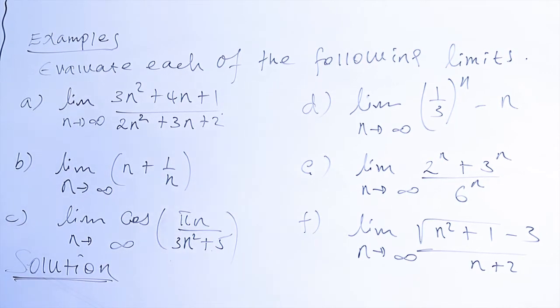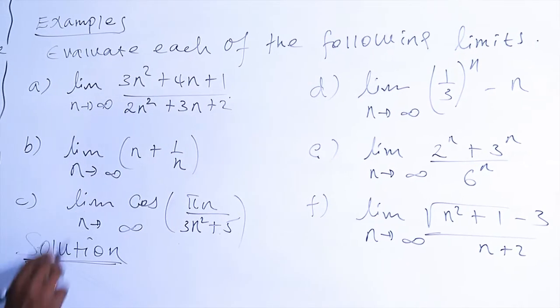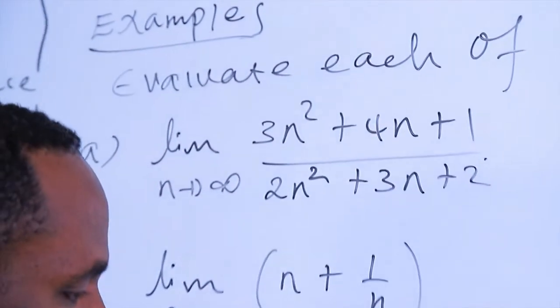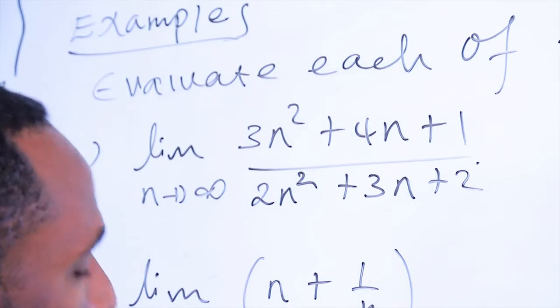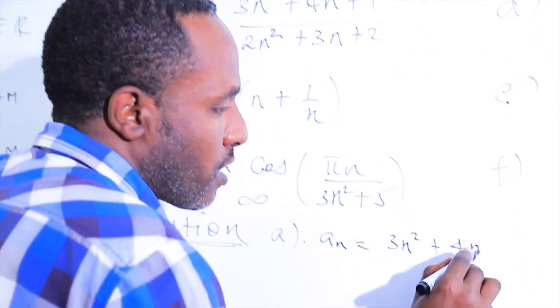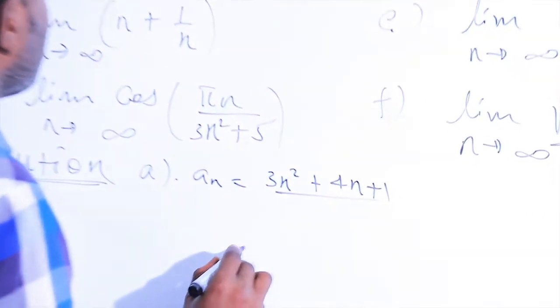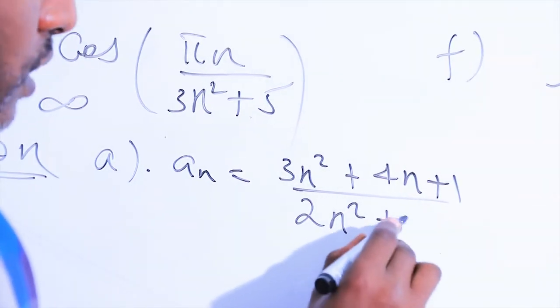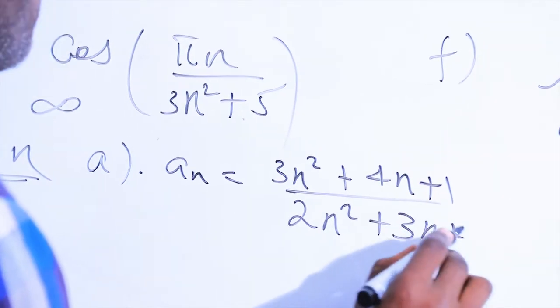the first part is the sequence given in A. The sequence is simply a_n equals 3n squared plus 4n plus 1 over 2n squared plus 3n plus 2.